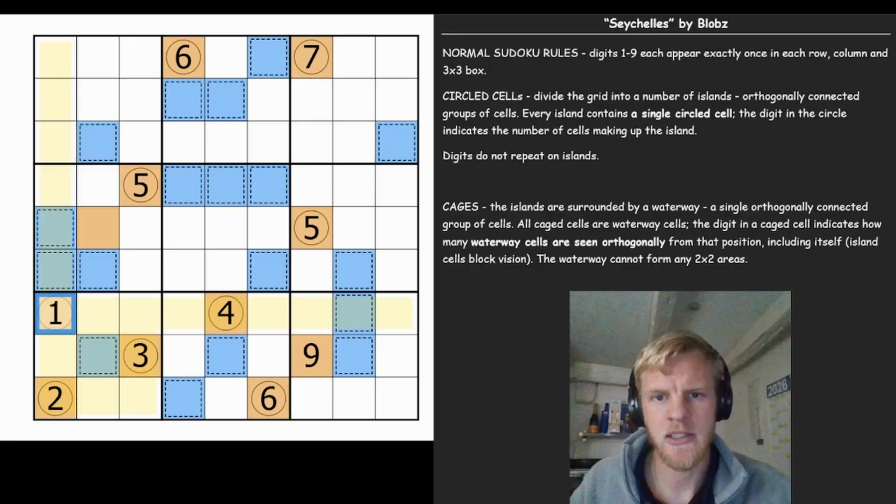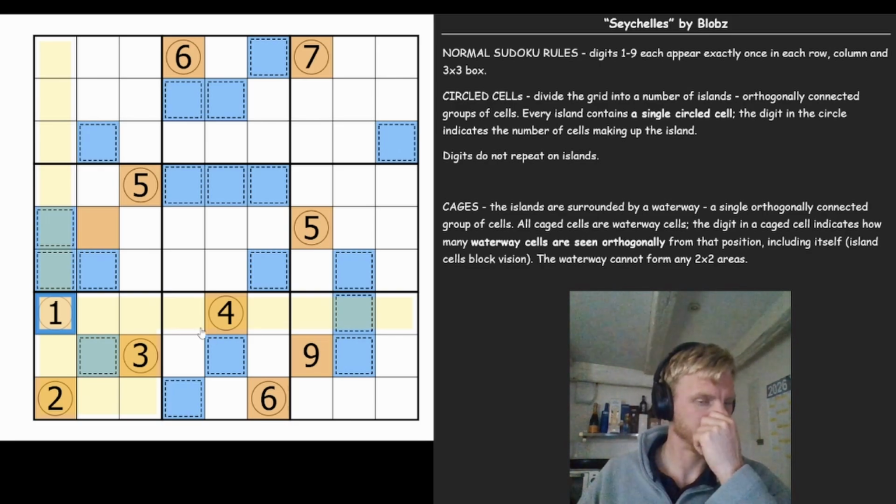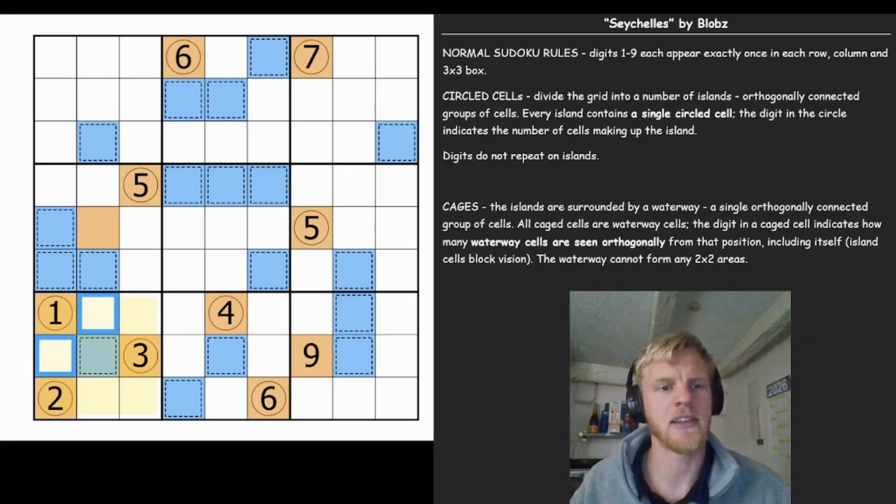Every island contains a single circled cell, which is a 1. The digit in the circle indicates the number of cells making up that island. So we can't have island cells there, otherwise the 1 would need to be bigger. The 2 needs another cell, and this is waterway.